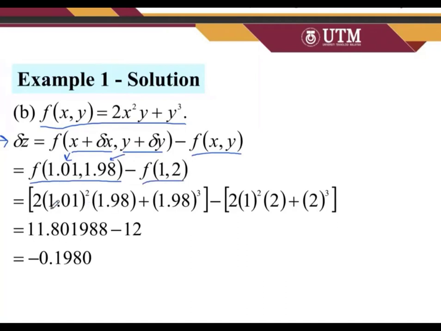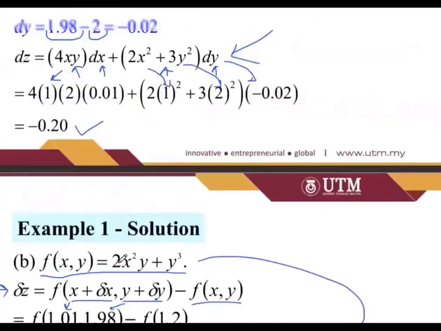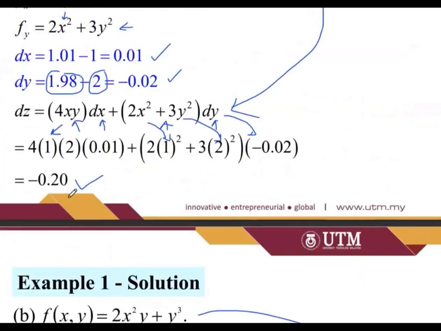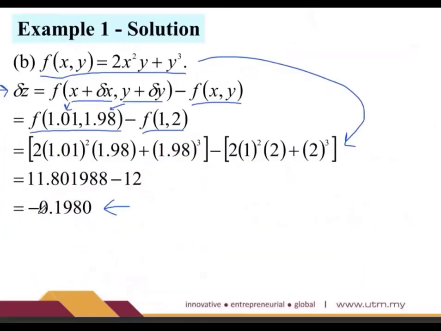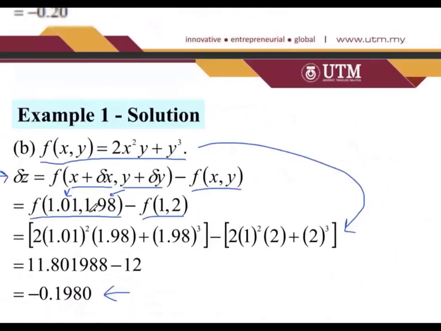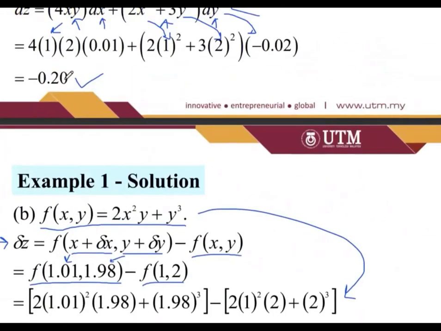You substitute the values into 2x squared y plus y cubed, and you get negative 0.1980. This is the actual increment. The approximate one is negative 0.20, so the actual is close to negative 0.2.